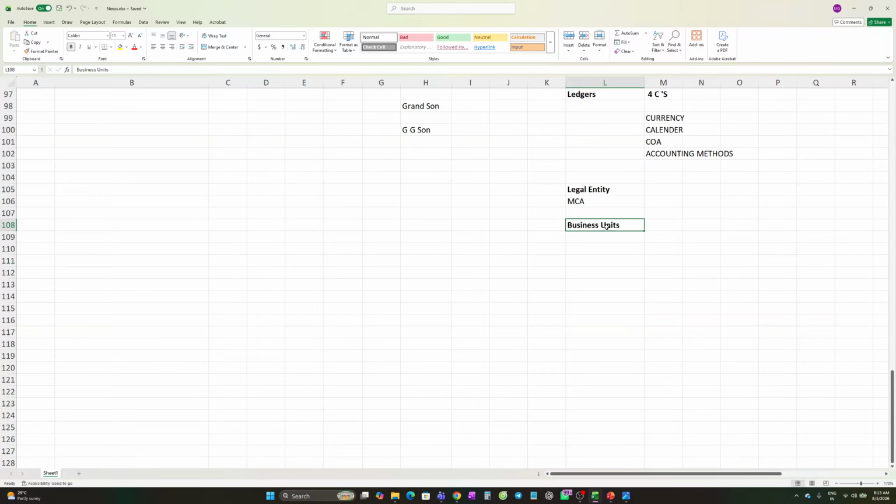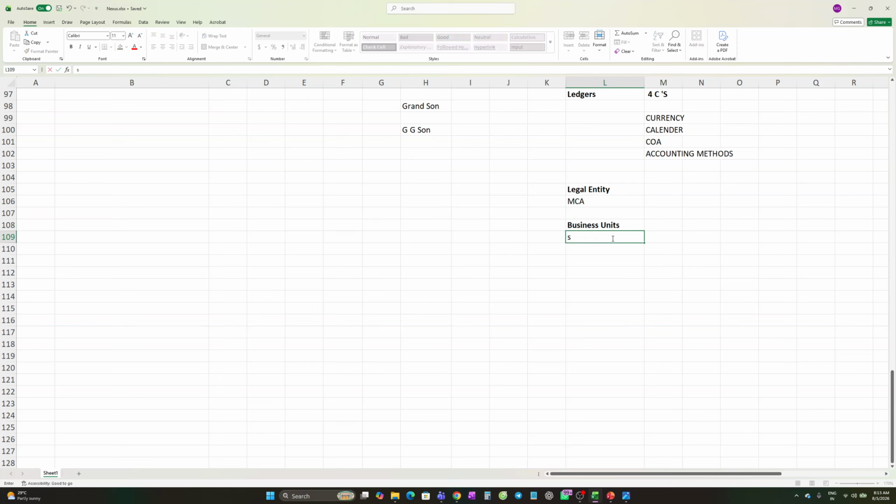The business unit. In an organization, in a company, we are doing some activities like sale, purchase. We are doing these with these BUs. In short, we can call it a BU.